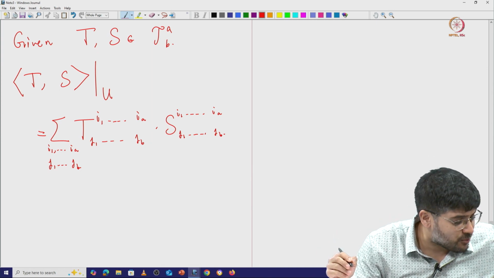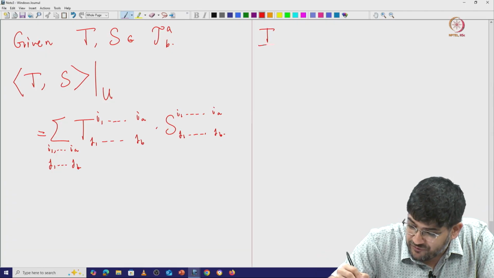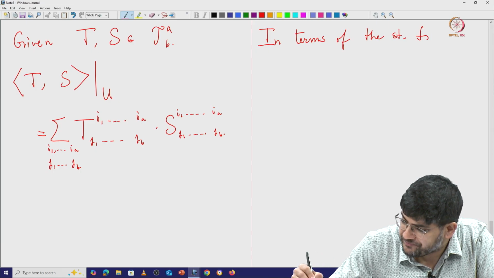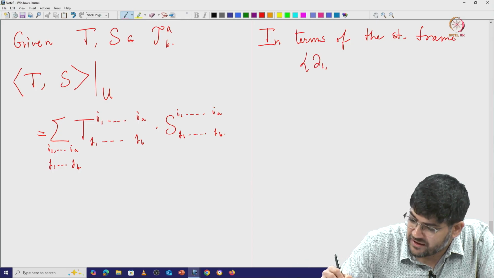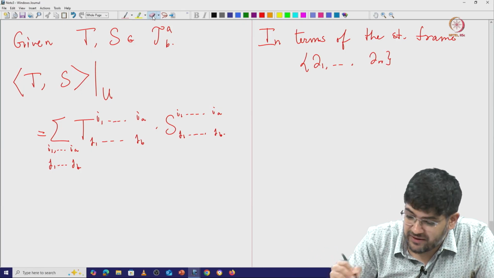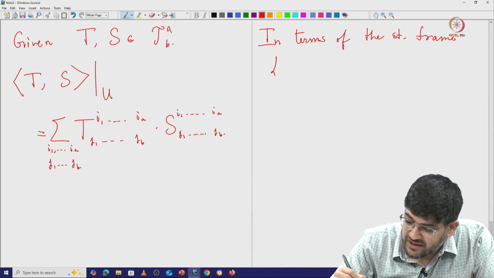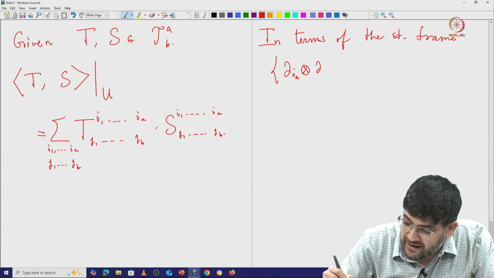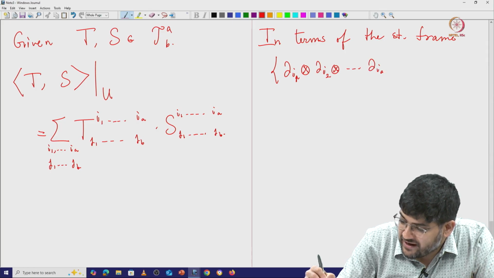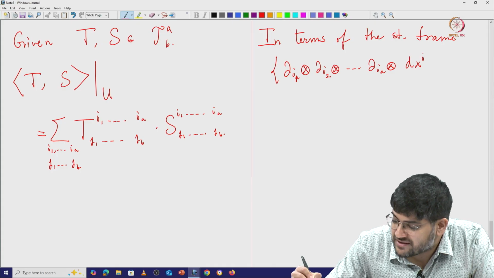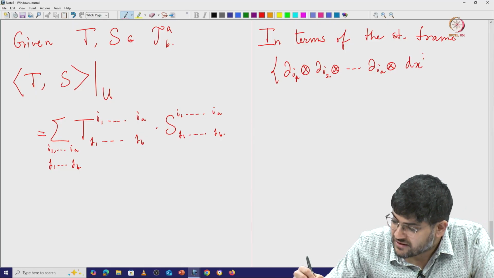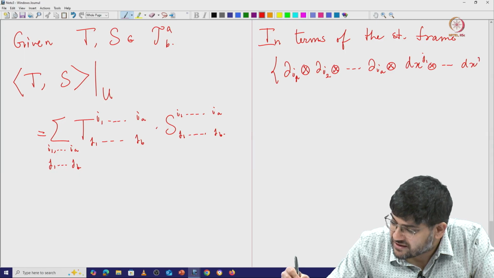So, one can also give a formula in terms of the metric components. So in terms of the standard frame, del 1 up to del n, for the tangent bundle, that takes the form del I1, del I2, etc. up to del IA tensored with dx J1 tensored up to dx JB.